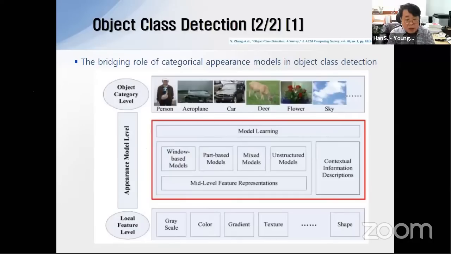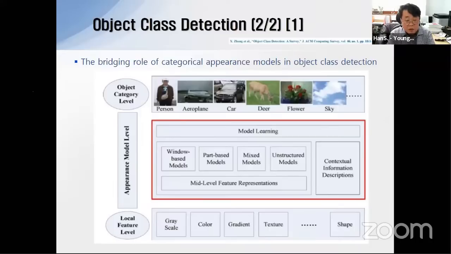In general, object class detection consists of three parts: feature extraction, the machine learning model, and applications. Feature extraction is the core step of object class detection. We have many techniques for getting features from images.